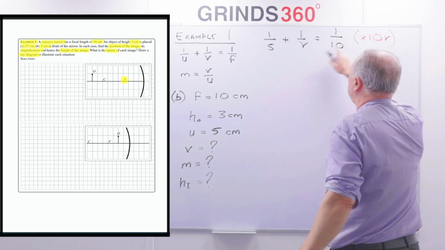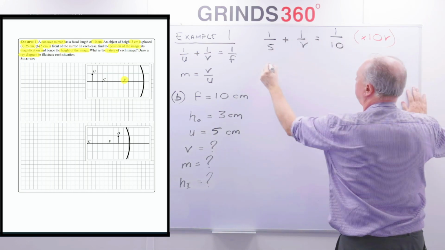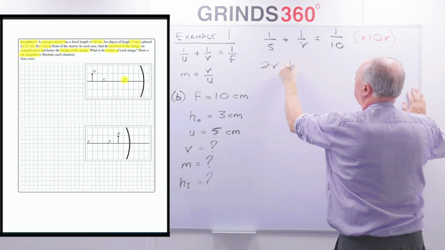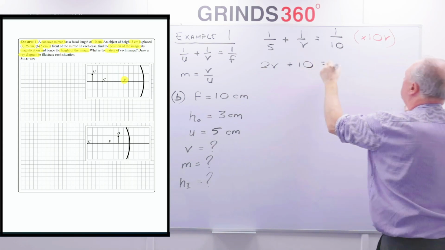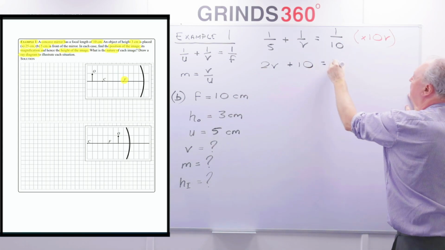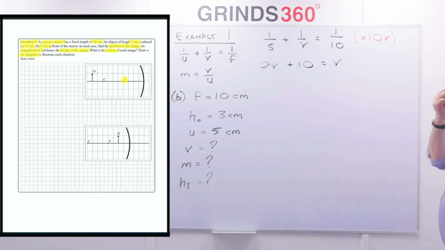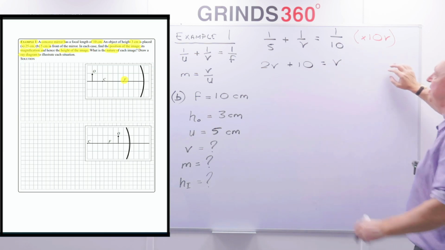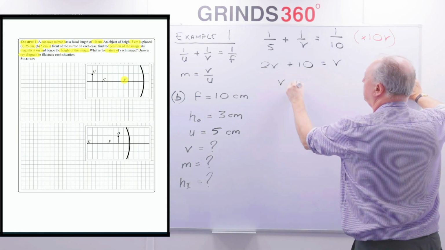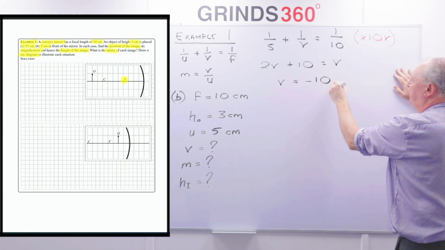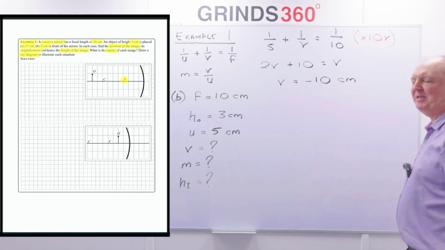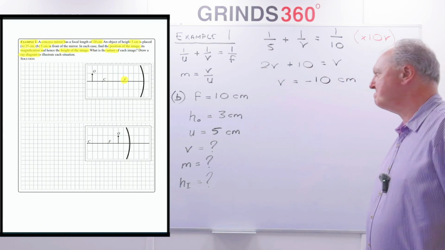So multiply 10v by 1/5, and I get 2v. 10v by 1/v is 10. And 10v by 1/10 is v. Bring my v's to the left-hand side. 2v minus v will give me v. Jump the 10 to the right, and you get minus 10 centimeters. The minus being very significant.